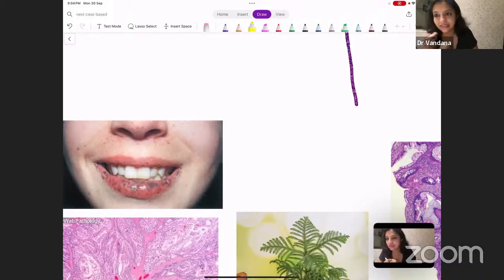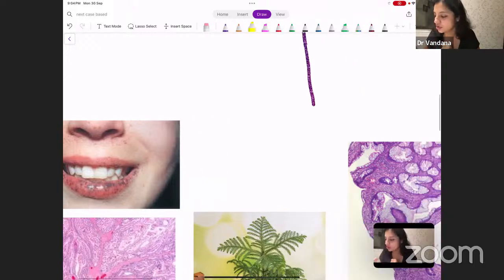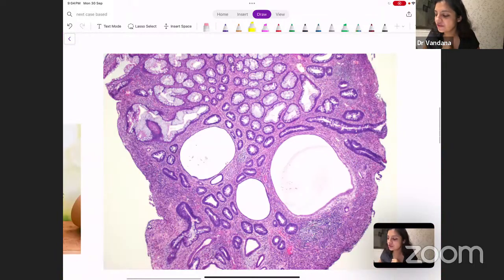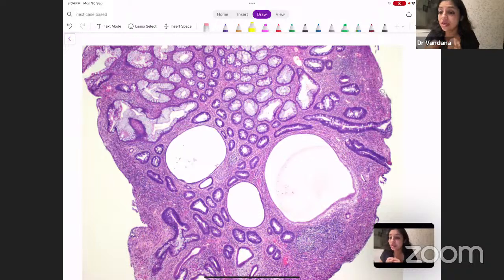Second case, let me talk to you about it. This is a 5-year-old child presenting with rectal bleeding. On examination, you find multiple polyps in the rectum. When you resect them, you find that some of the polyps show abnormally dilated glands.